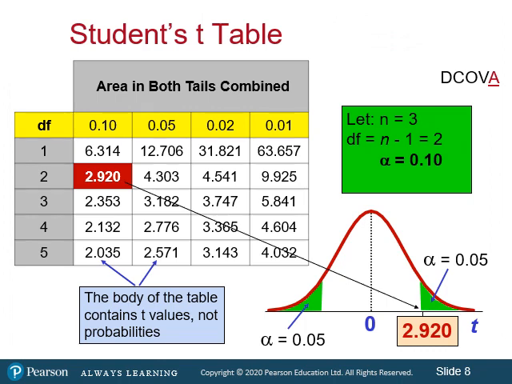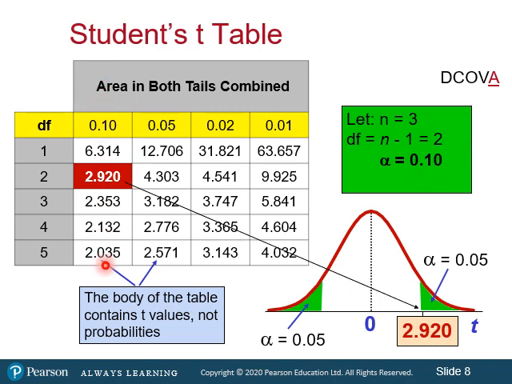So how do you look at the student's t table? This is an excerpt from the table given before. In our example, we have n equals 3. So the degrees of freedom is n minus 1, which is 2. Alpha level is 10%. So we will look at the column called 10% because the both areas, here 5%, here 5%, so 5 plus 5 equals 10%.